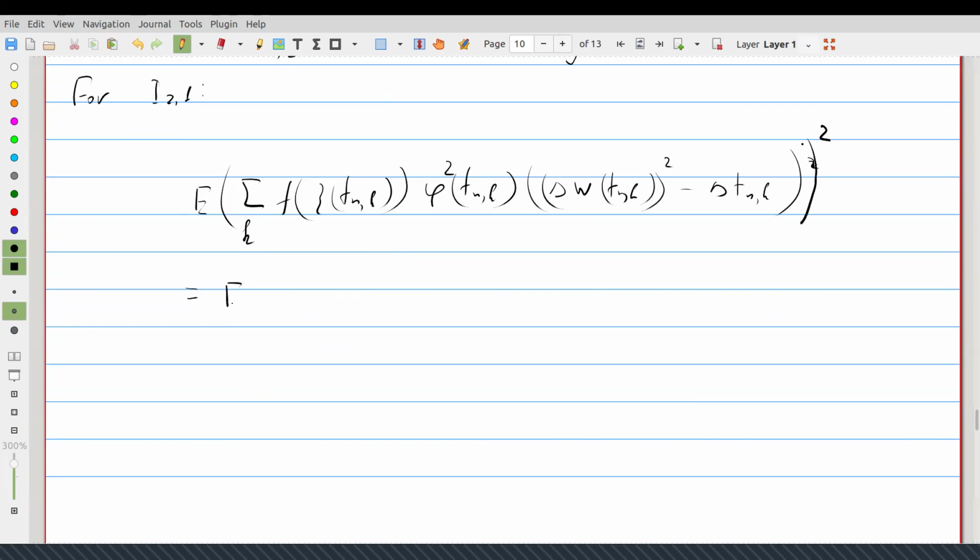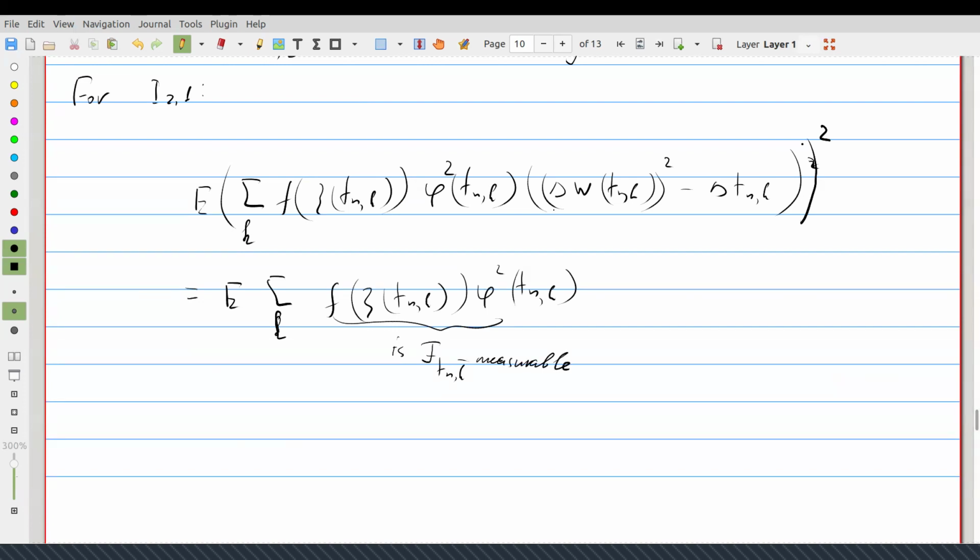So I will just allow myself to write it in a simpler way. This is the mathematical expectation of just a sum of psi t and k, phi squared t and k.